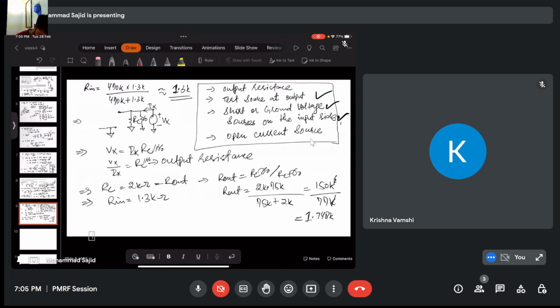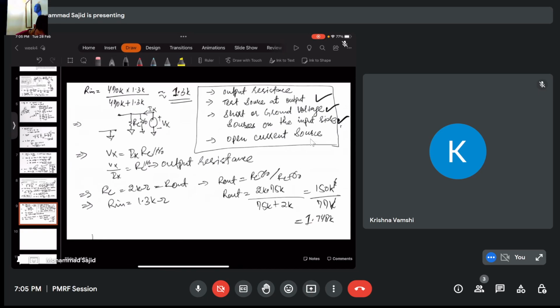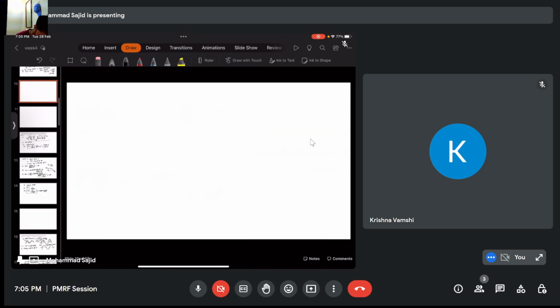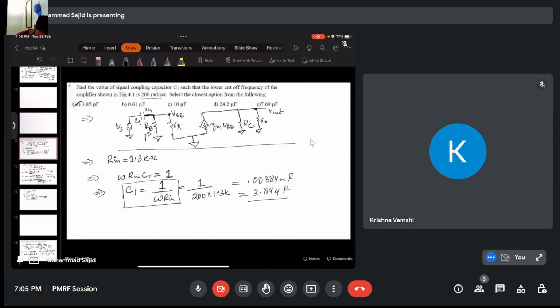Then what next? Okay. Then we also found how we can approach this formula, how we can achieve this formula. Okay.